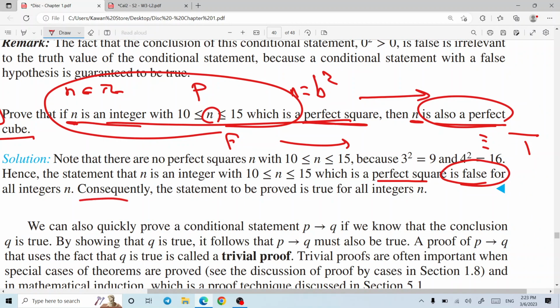Consequently the statement to be proven is true for all integer n. What if the square was true? We should think about it or prove it. But here we think about it and we got nothing. When you got nothing, it means that you don't need to prove it. Directly say it's true.